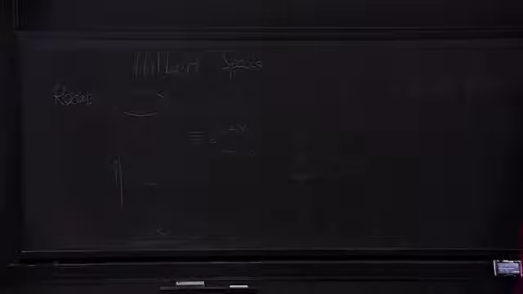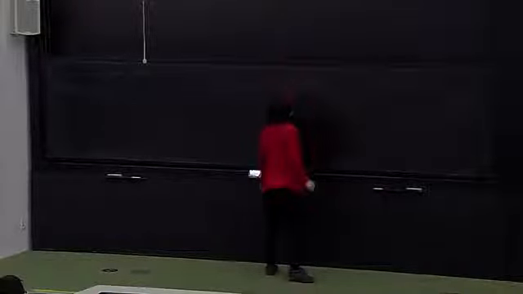It says that if I have two primary fields, then I can very happily write down the two-point correlation with some normalization constant. I don't care. So in this case, I'll just take it to be two of the same kind of primary operator.